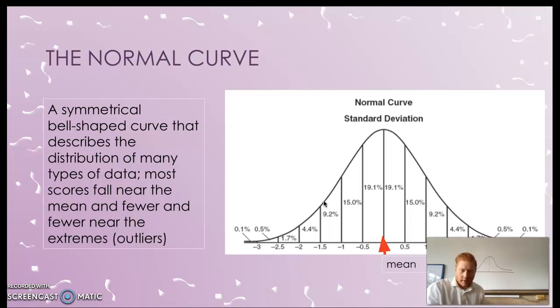Make sure I have my calculator out, so I'm going to do this correctly. So one standard deviation. If the mean is your average, your 50% score there, one standard deviation from the mean, 68% of all scores are going to fall in that range.